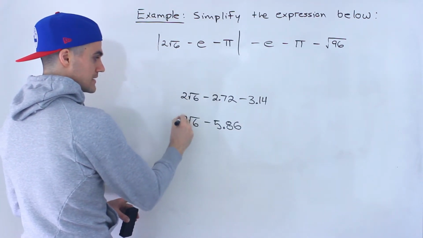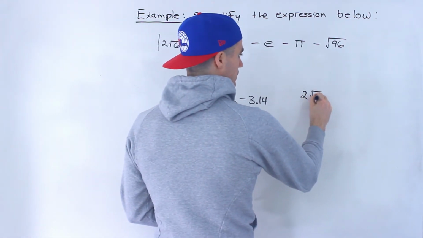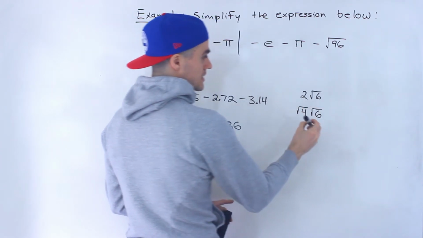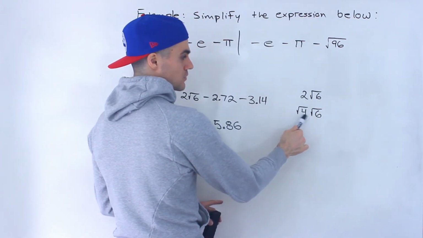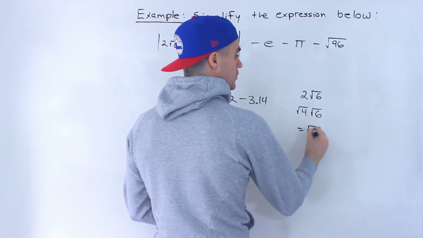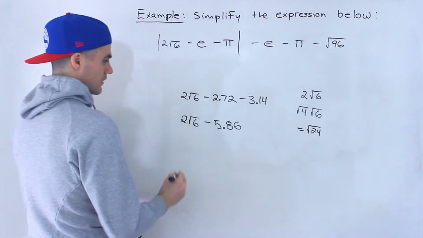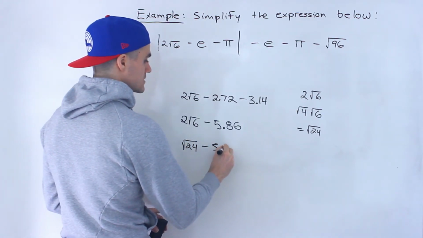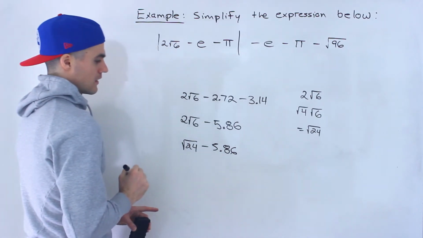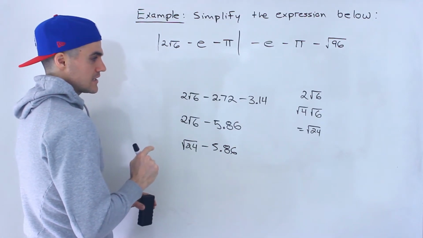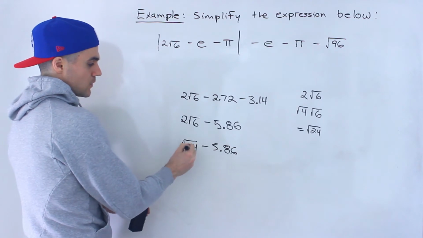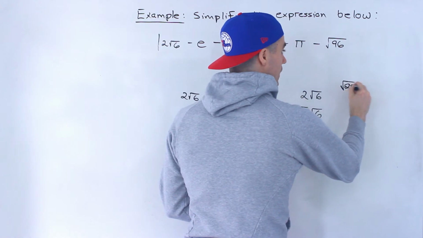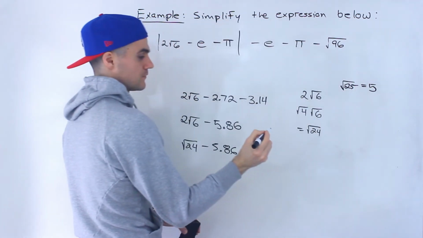What I'm going to do is rewrite this 2 root 6 as the square root of 4 times the square root of 6. I converted this 2 to a square root of 4, and then I can multiply these, and this would be the square root of 24. So I can rewrite it as the square root of 24 minus 5.86. From there, it's easier to see, because notice that 24 is very close to 25, which is a perfect square, and we know the square root of 25 is equal to 5.